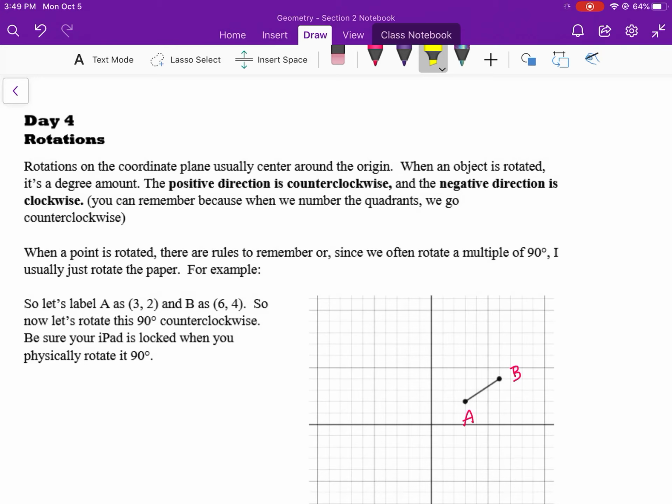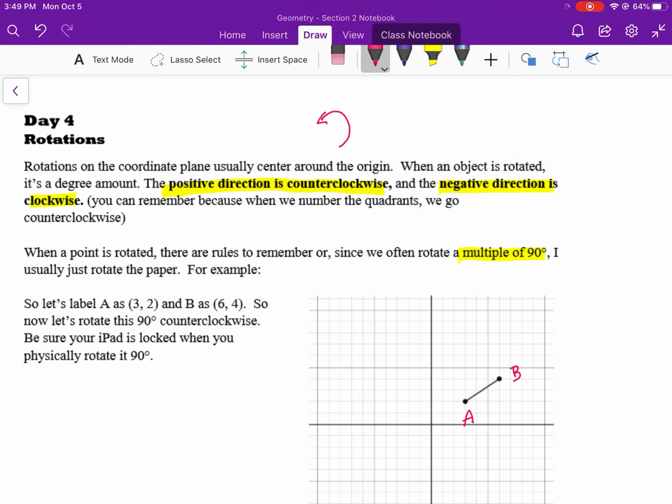We're just going to do the stuff on the coordinate geometry just like before. And we're going to limit ourselves to multiples of 90, which means I can rotate my iPad or paper if you had any. It's important to know that the positive direction is counterclockwise and the negative direction is clockwise.